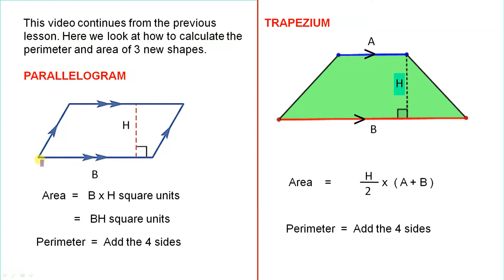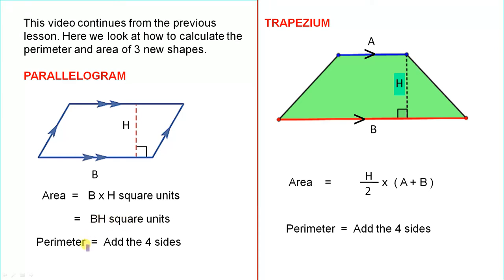So if we know the length of this side here, which will be the same length as that one, and we know the distance between those two parallel lines, that is the vertical distance, the shortest distance between them, the area of the parallelogram is b times h square units, which is bh square units. So whatever the units are, that's what the area is.